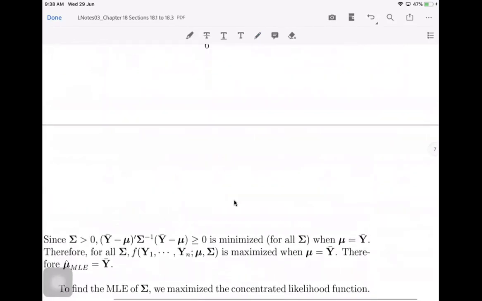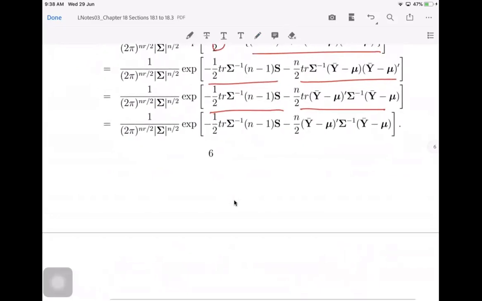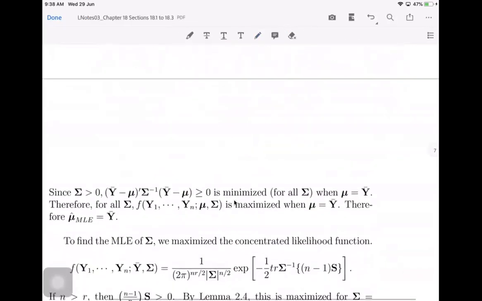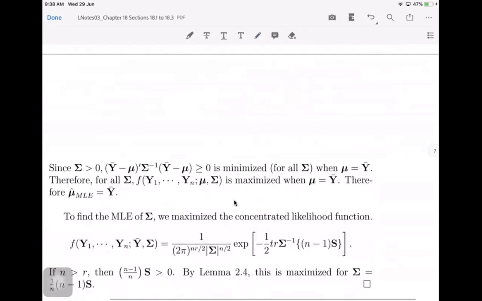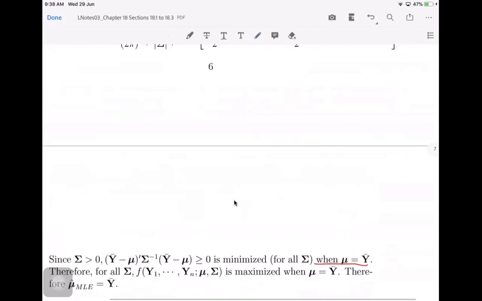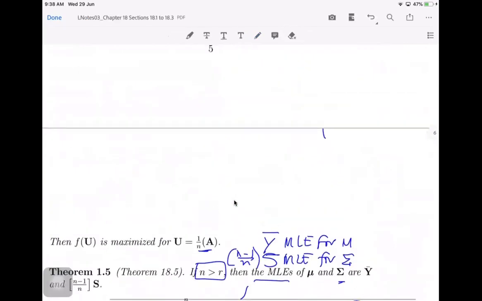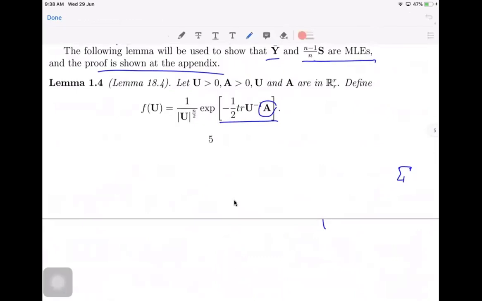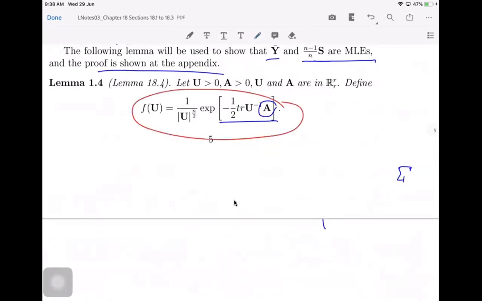Okay, following that, so now we look at this term. So unsa to itsura ganina? So there is no problem with the mu because it is minimized when mu is equal to y bar. Ang ato ang tan-awon is katong lemma, how to apply the lemma. This one for the sigma, no?